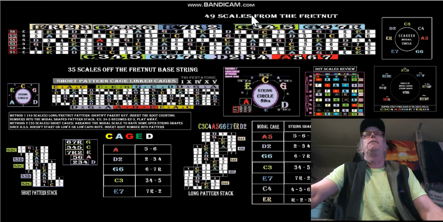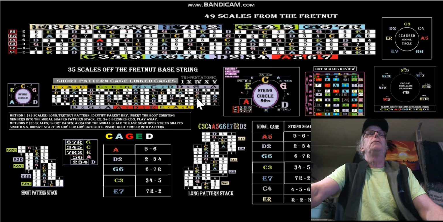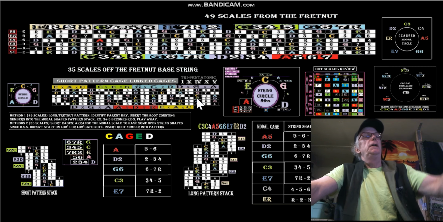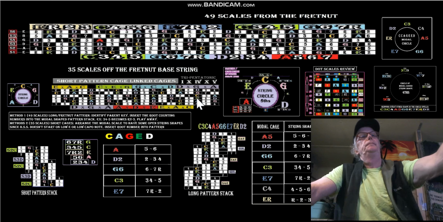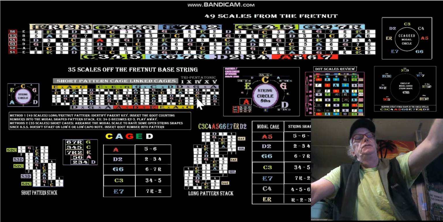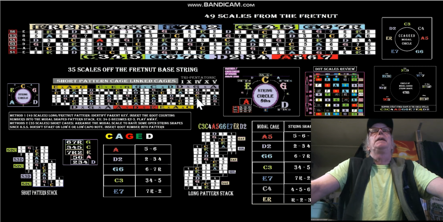We're going to get 49 scales out of the long patterns and 35 scales, I believe, out of the short patterns. And that ratio is the ratio of like 7 white notes to 5 black notes, if I'm not mistaken.